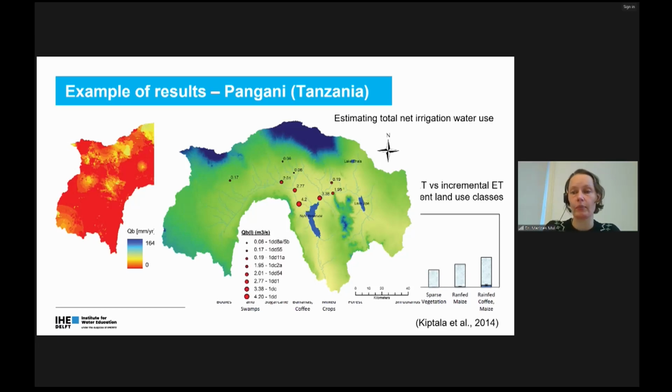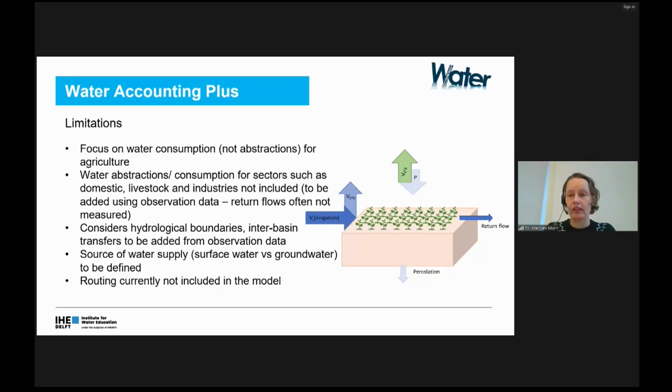When we talked to the Pangani Basin Office, the River Basin Organization, these were estimates that were very much in line with what they were estimating in terms of the spatial abstractions for irrigation taking place in the area. So of course, this is not a one-size-fits-all and does not provide all the information that you need to provide a proper water account for a river basin.